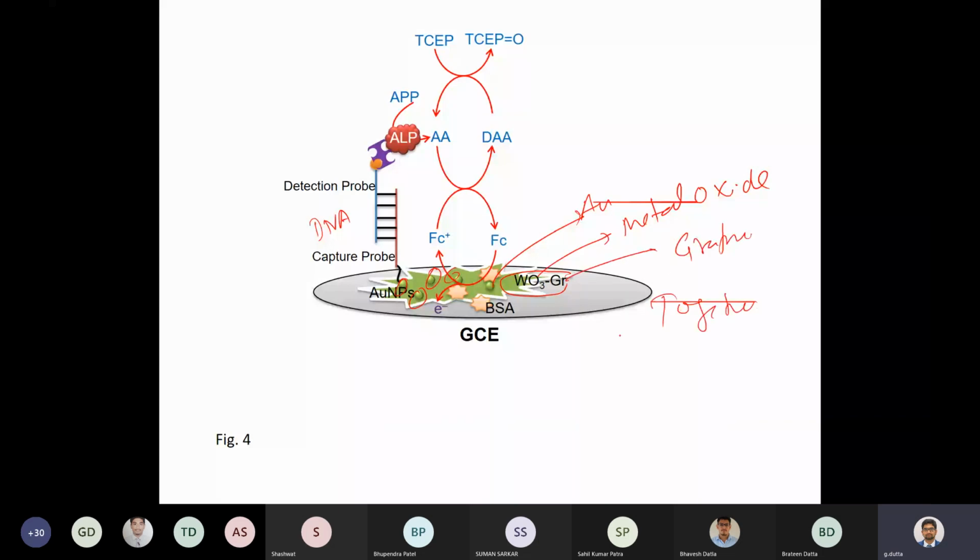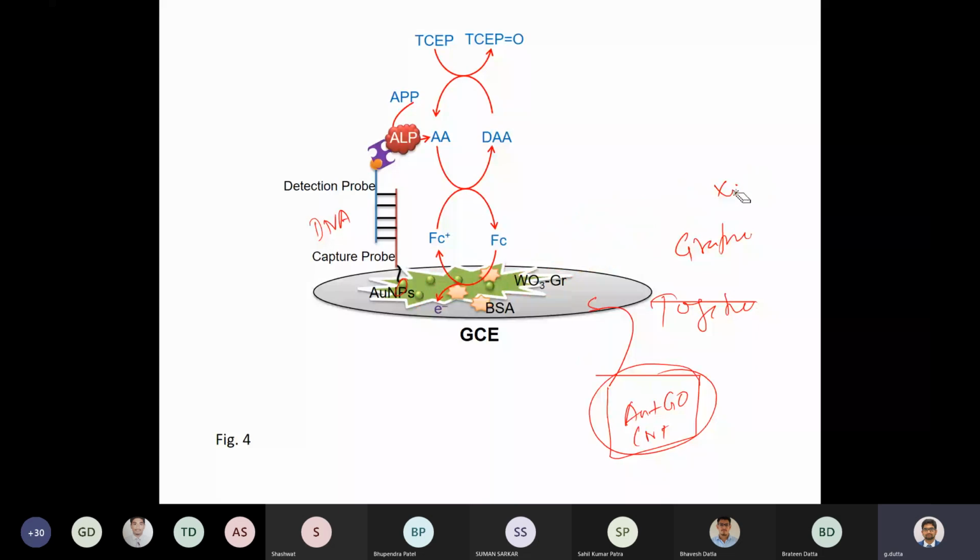Sometimes we use only a single gold nanoparticle or only graphene oxide, or sometimes you can make a mixture of nanomaterials, gold, graphene oxide, carbon nanotube, or something like this. You can make a mixture and apply it on the surface, and check the signal to background ratio. So this is another kind of research that people are doing: how we can modify the surface in a unique way and get a high signal to background ratio.